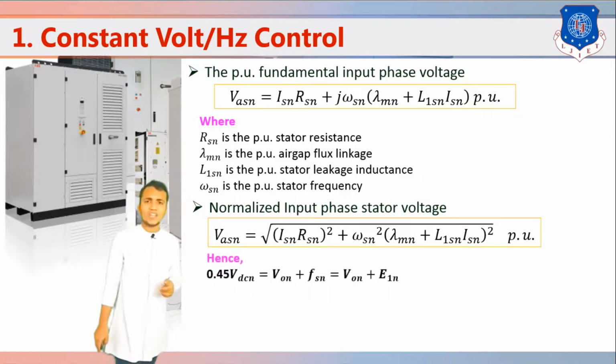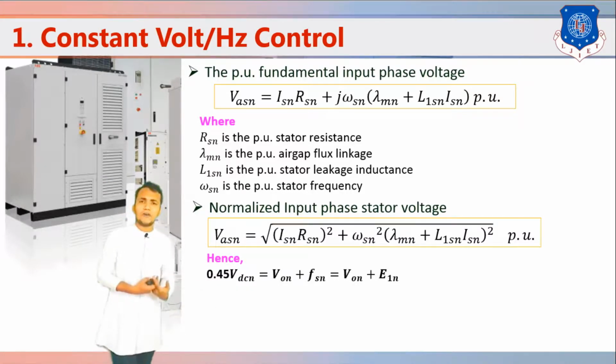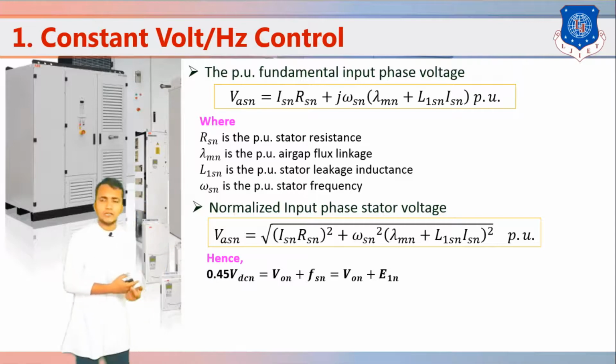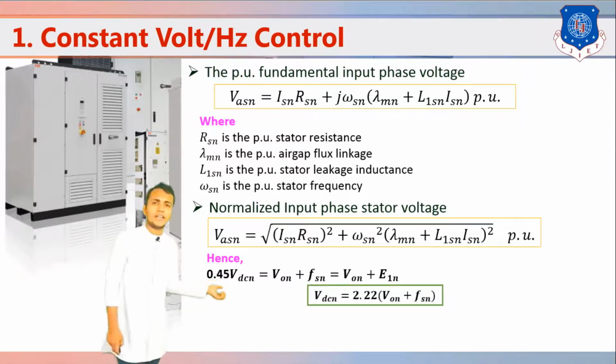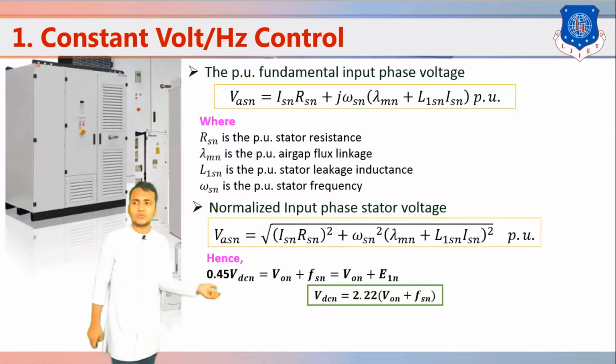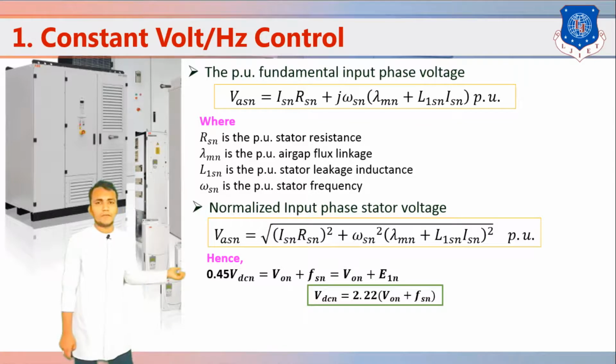Okay, where 0.45 VASN, VDCN, is equal to V1 plus FSN, that comes from our previous equations, is equal to V1 plus E1n, and here VDCN we can write as 2.22 times V1 plus VFSN.